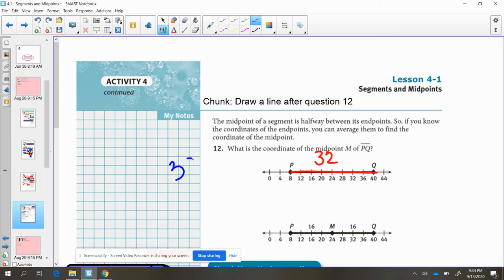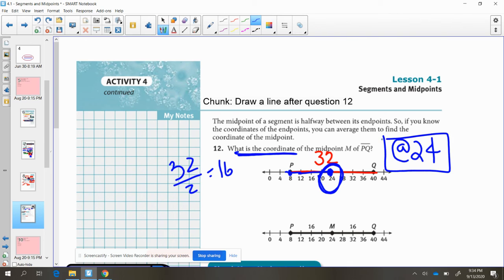If we take 32 divided by 2, we'd have to move 16 units from 8. So I'm going to move 4, notice our scale, 8, 12, 16. My midpoint would be here at 24. So when it asks what is the coordinate, we would say it's located at 24. That's the location.